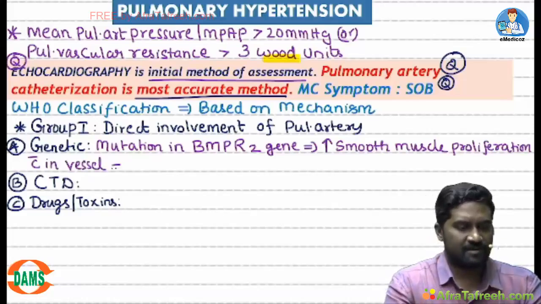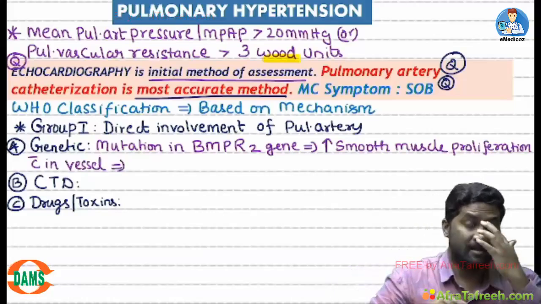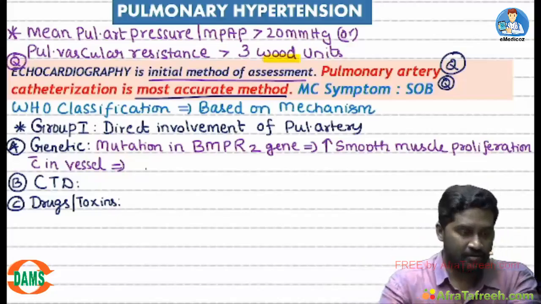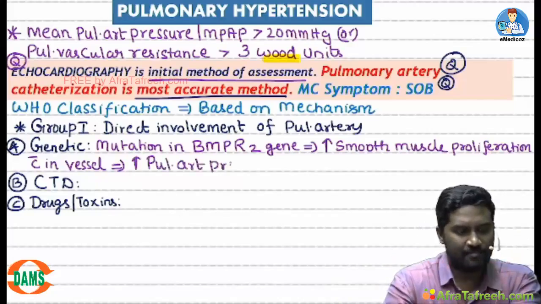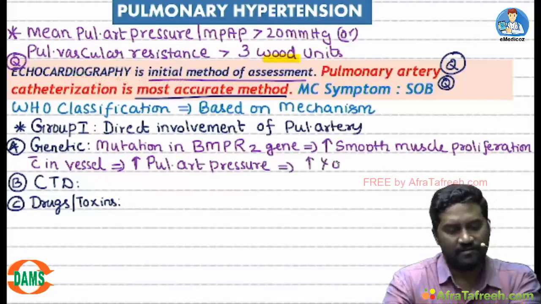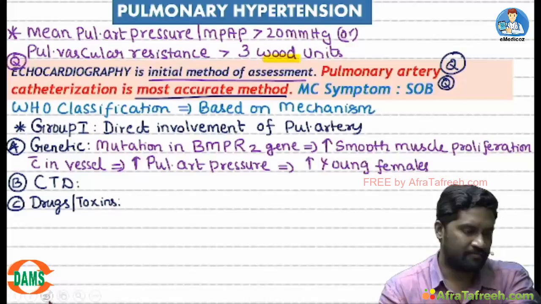Because excess smooth muscle is proliferating, the vessel can get narrowed. That will result in increased pulmonary arterial pressures. And this type of pulmonary arterial hypertension is seen more in young females.